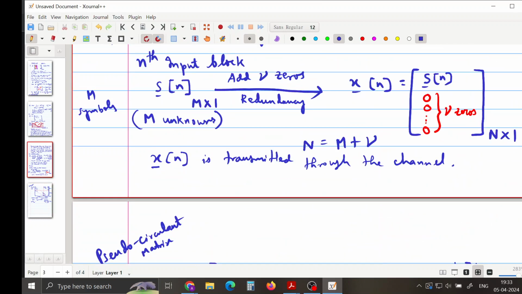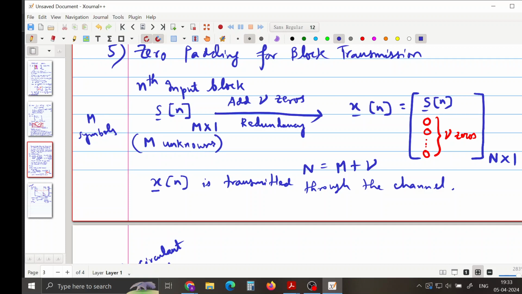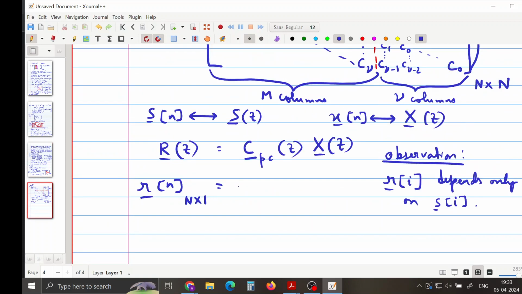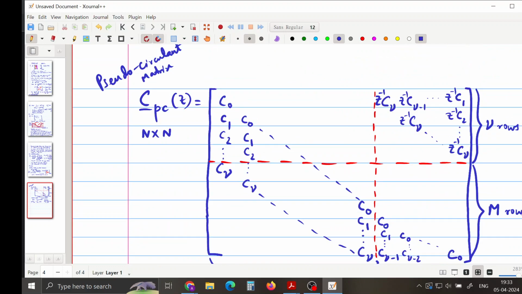This is related as follows: C low times s of n, and s of n is m cross 1.